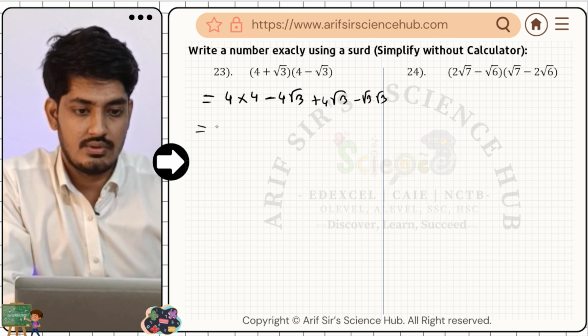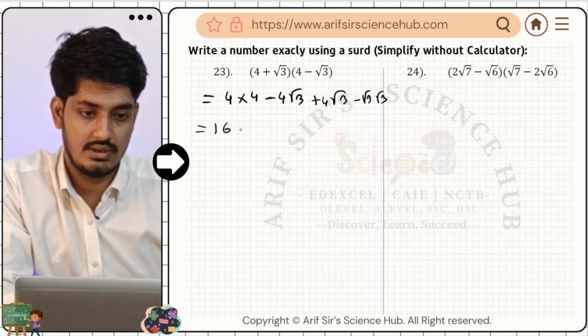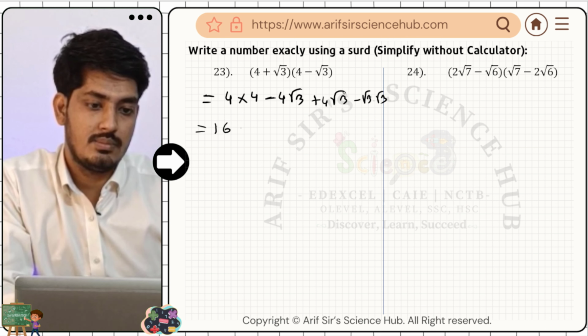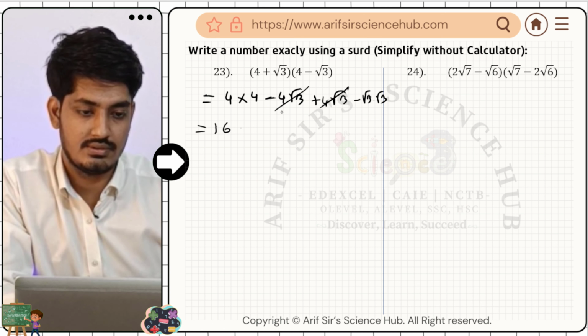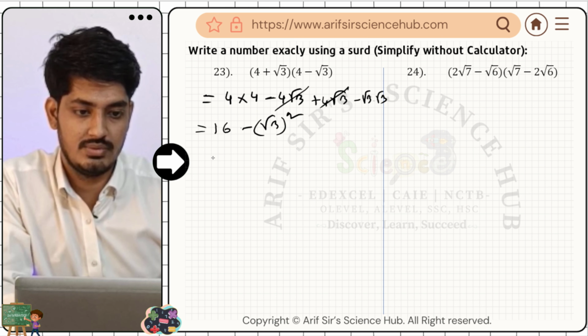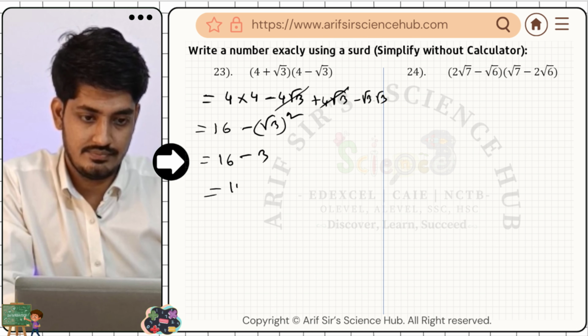So 4 into 4 should be 16, right? Then this minus 4 square root 3 plus 4 square root 3, if we subtract it, should be 0. Then minus square root 3 into square root 3 should be square root 3 squared. Then 16 minus 3 should be 13.